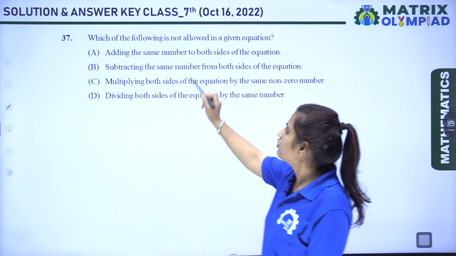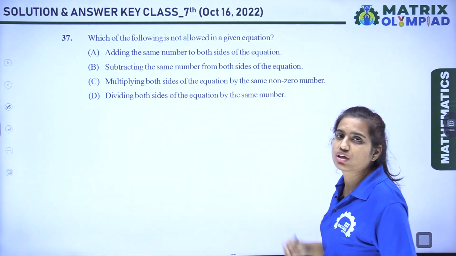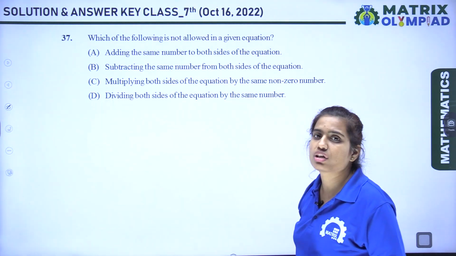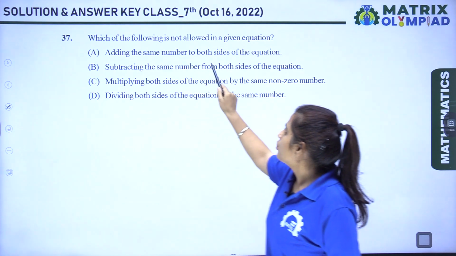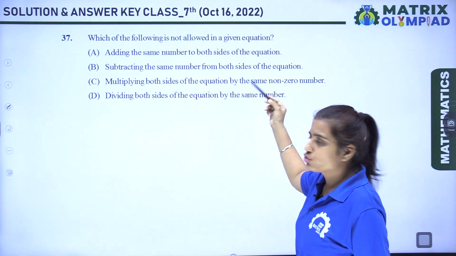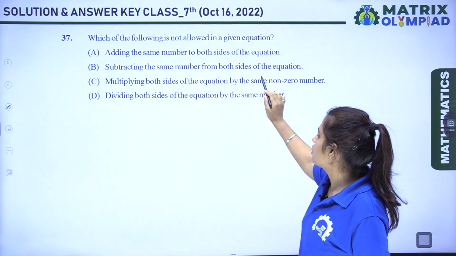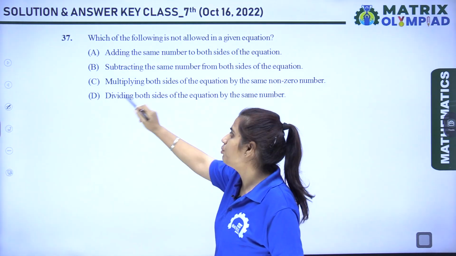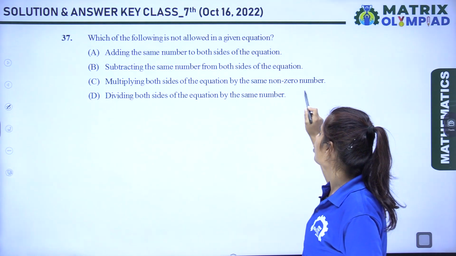Next is, which of the following is not allowed in a given equation? We have to select the possibility which is not allowed in the equation. Adding the same number to both sides of the equation. This is true, we can do this. Subtracting the same number from both sides of the equation. Yes, we can also subtract the same number from both sides. Multiplying both sides of the equation by the same non-zero number.